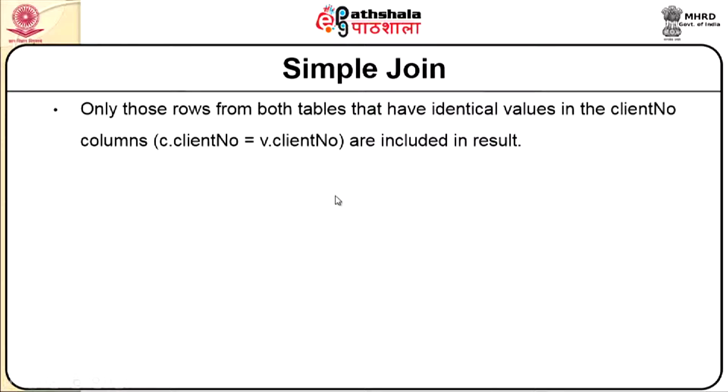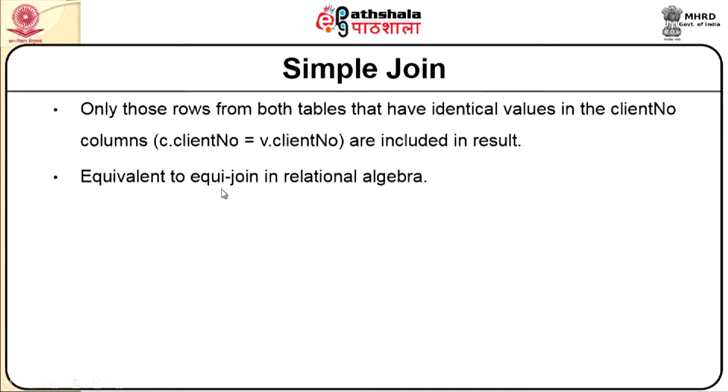So only those rows from both tables that have identical values in the client number columns, with the condition C.clientNo = V.clientNo, are the outcome of the result.